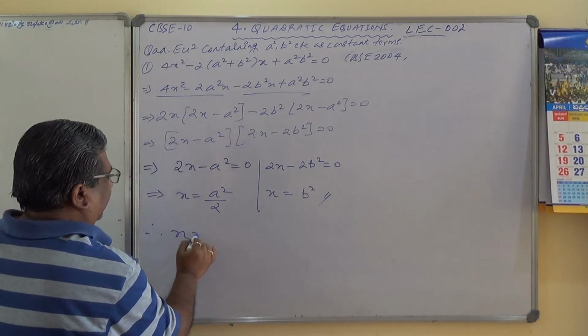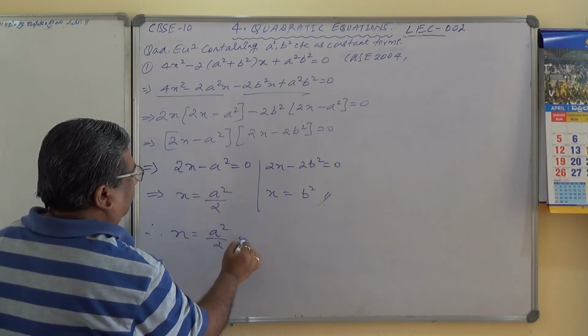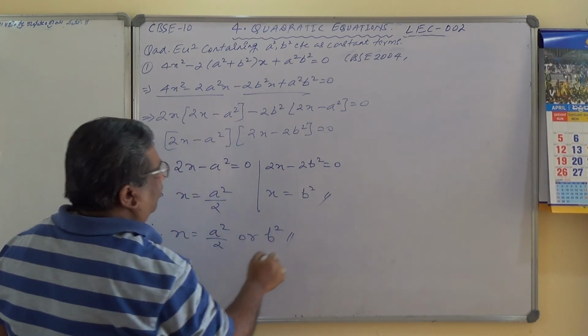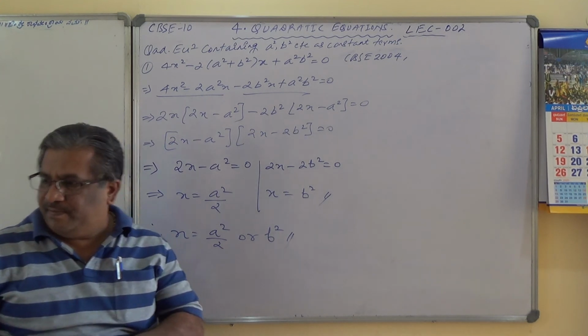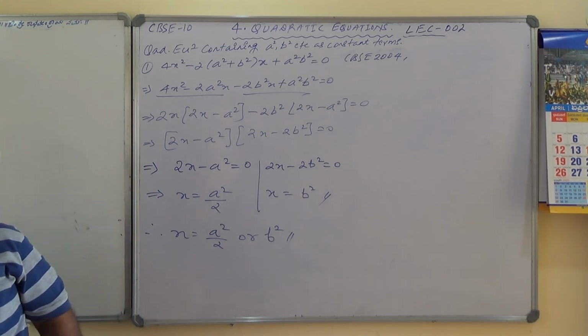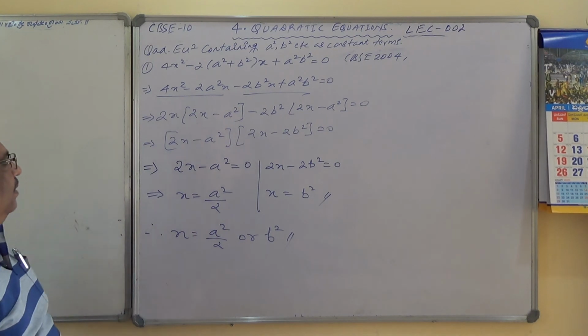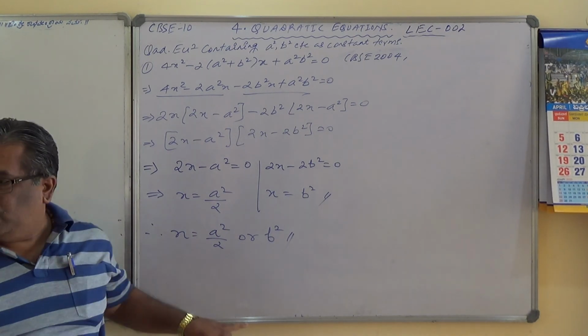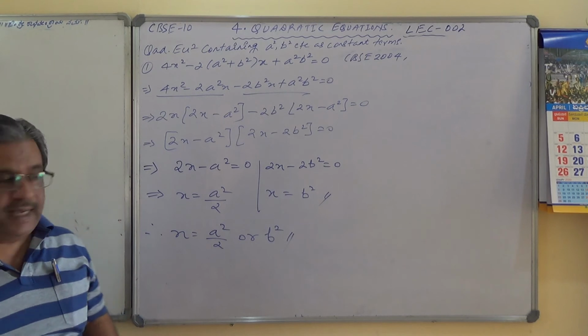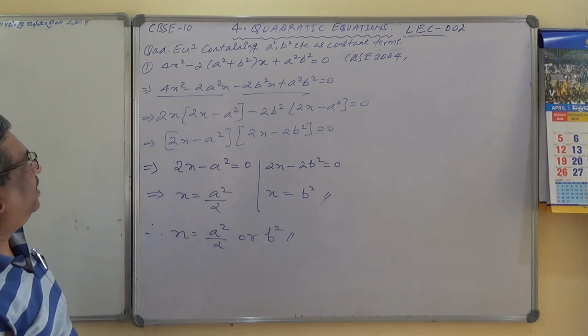Therefore, x equals a square by 2 or b square should be the answer. Let me check the answer. First one. A square by 2 or x equals b square by 2. Anything is wrong?